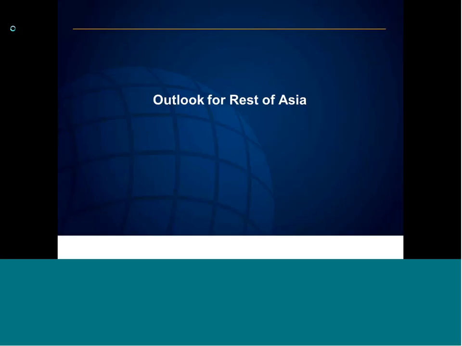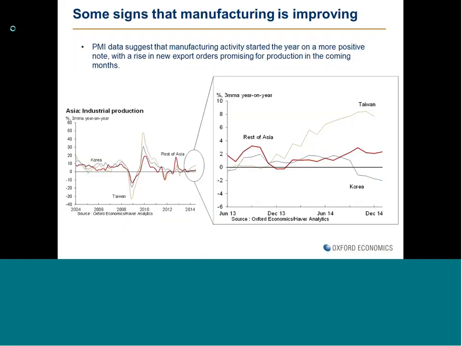Okay, so the outlook for the rest of Asia. I'm largely putting this into an Asia 9. Of course, there are individual factors at play, and the diversity between the economies is quite large. However, in terms of general themes, manufacturing activity across most of the region was fairly sluggish for most of 2014.